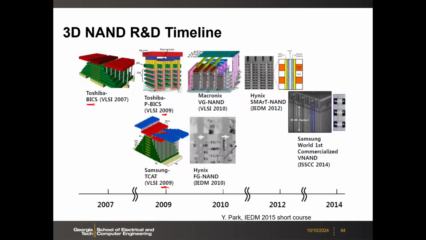After that, there are different proposals by different companies, but Samsung becomes the first one to commercialize the 3D NAND, as I said, around 2014. So from the R&D to the product, it takes 8 years or so, or maybe more than that, because even before the first publication, there's maybe internal research as well.